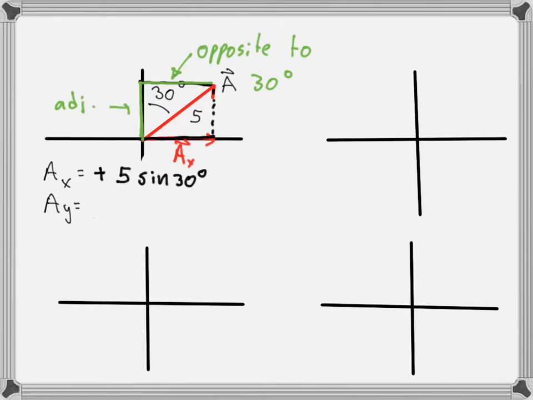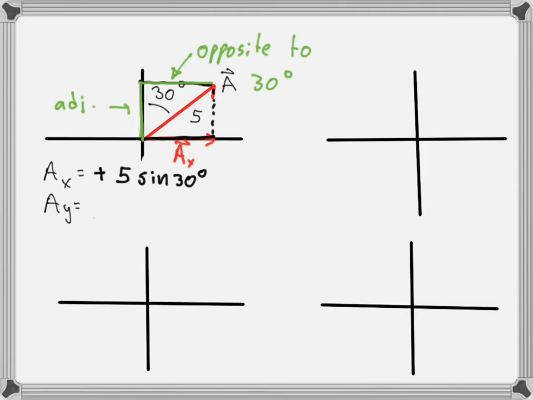What that tells you is that AX is going to go with the sine of 30 degrees, because opposite refers to the sine trigonometric function. The hypotenuse multiplied by the sine of the angle gives you the length of the opposite side. So AX in this example is going to be given by 5 sine of 30 degrees, not cosine of 30 degrees.